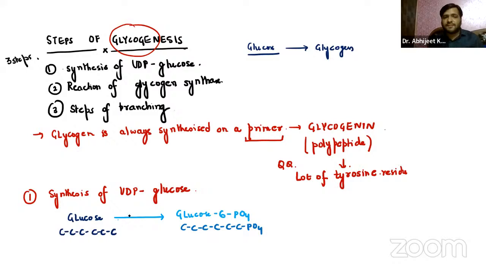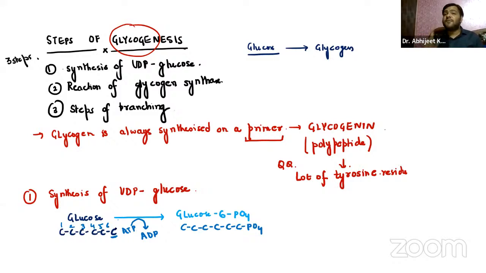Now for this phosphate, the first step, beta, is that ATP will be used. Adenosine triphosphate has 3 phosphates. It is converting into adenosine diphosphate. It means this ATP is giving 1 phosphate to the 6th carbon, so phosphate will be added to the 6th carbon.